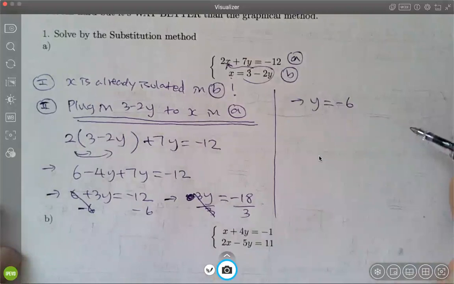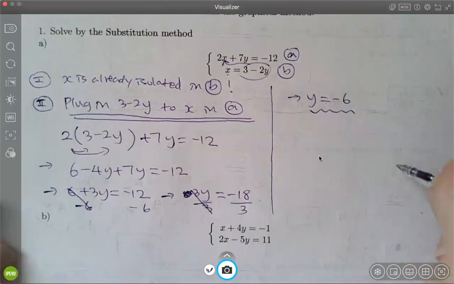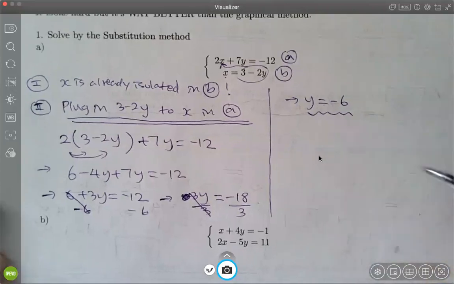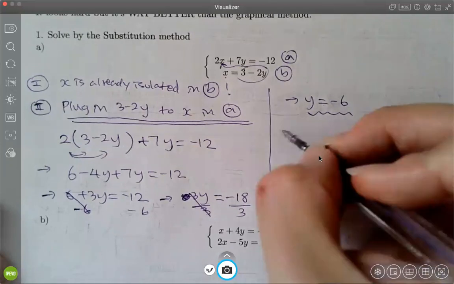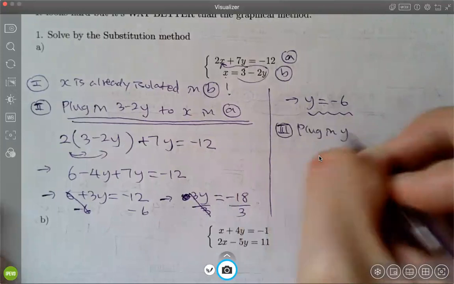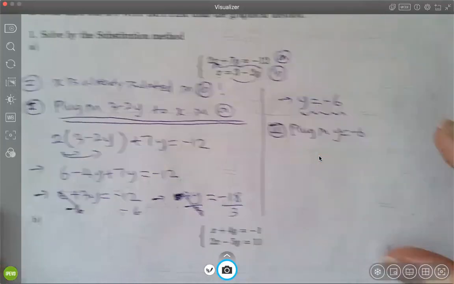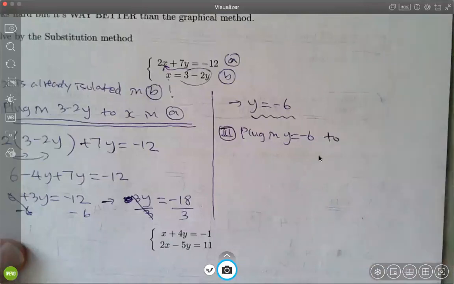And now, are we done? No. Remember, we have to have our answer as an ordered pair, but we only got one of the values. What do you have to do? Plug y equals negative 6 into either equation. Is there an easier equation to work with?